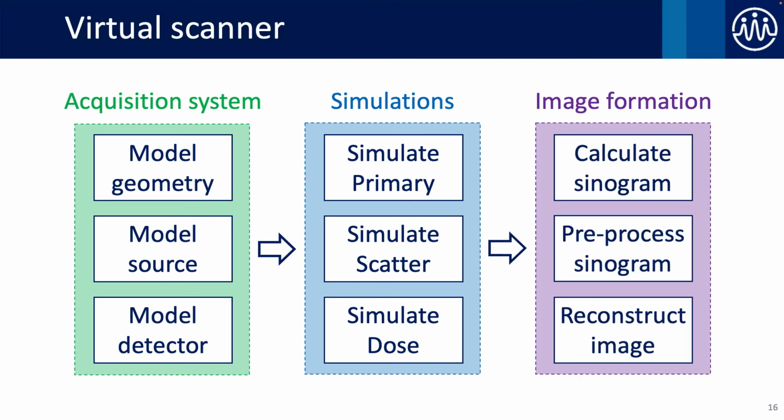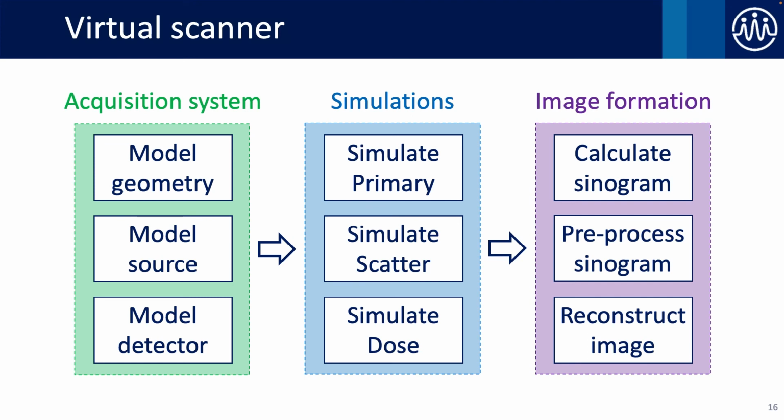And then once you have the signal, you need to form the image. Again, for CT, there would be sinograms, projection images that you need to calculate, and you would try to make them as close as what you see in a clinical scanner. The way the images are pre-processed in a clinical scanner, you would mimic that approach: beam hardening correction, scatter correction, other calibrations for water and so forth.